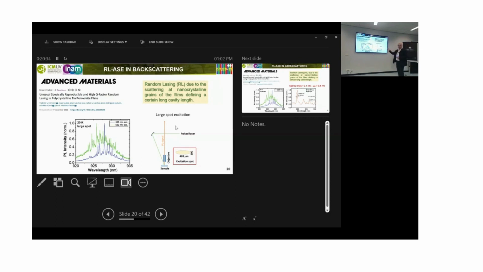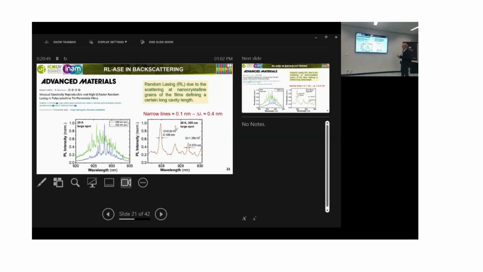The cavity length is of the order of 100 microns typically or more. And then we observe, as you see here, very narrow lines. These narrow lines are the random lasing effect, of the order of 1.1 nanometer.